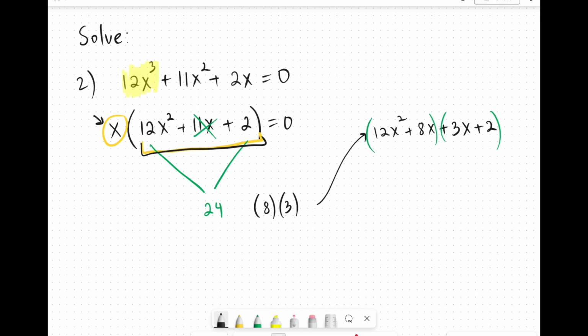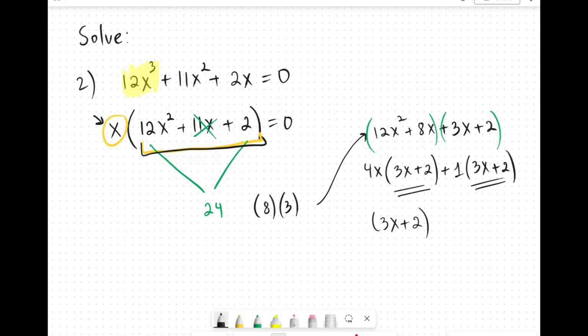So from the first group, you're going to take out 4x, that's your GCF, which leaves you with 3x plus 2. From the second group, take out 1, which leaves you with 3x plus 2. The matching binomials are 3x plus 2, write it once in the front. The non-matching things are 4x plus 1.